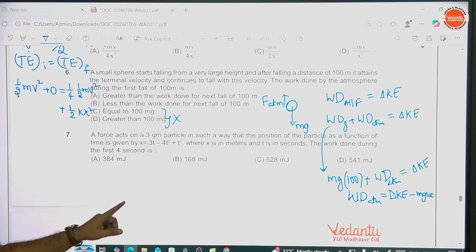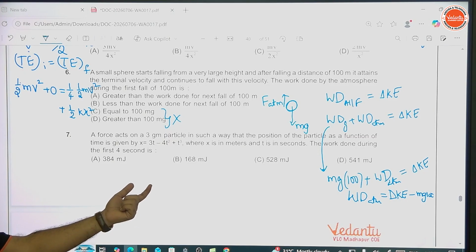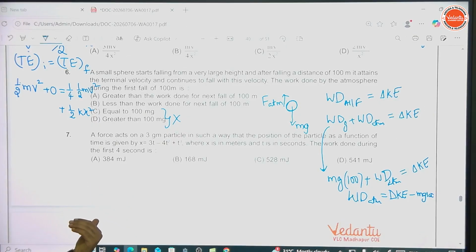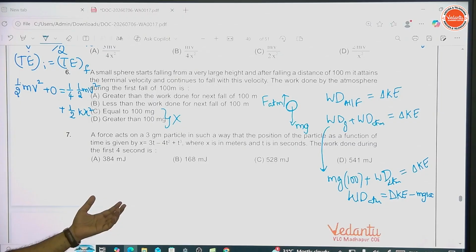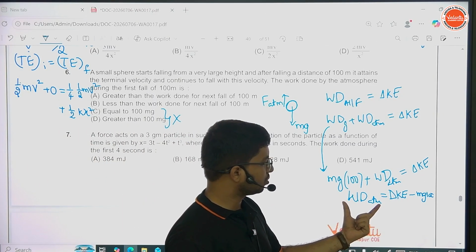Because work done by the atmospheric force will be negative. Clear? That will be negative. So your delta KE over here is actually less than that mg into 100, right? So now if it is less than mg into 100, what will be the magnitude of this one here?